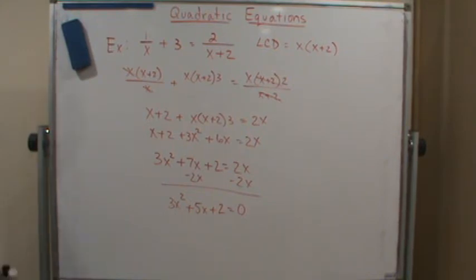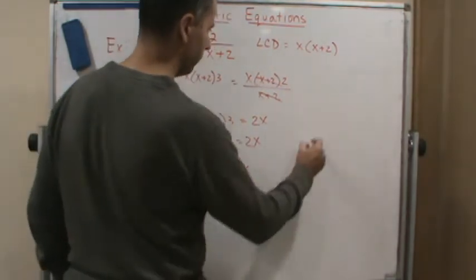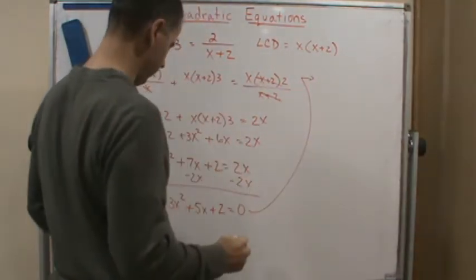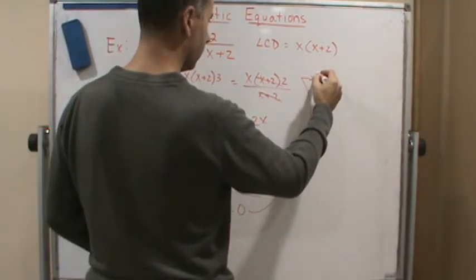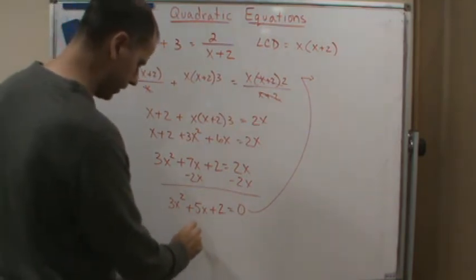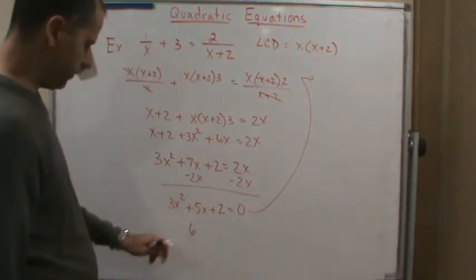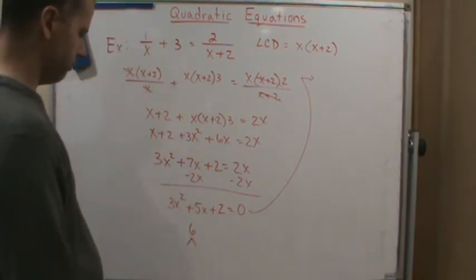And so now what happens? Well, I got to multiply the 2 and the 3, so that's going to give me 6. So what are two factors of 6 that are going to give me 5?